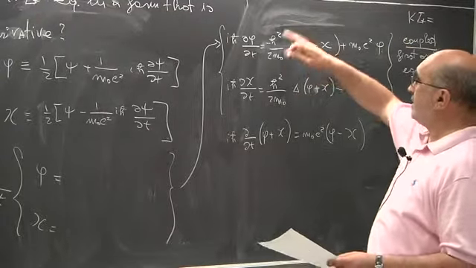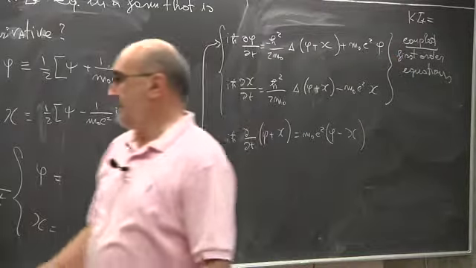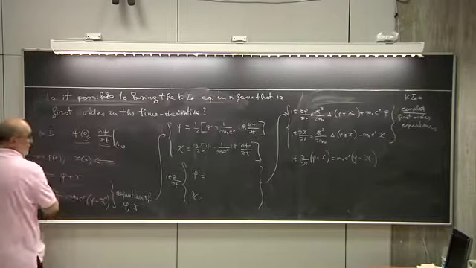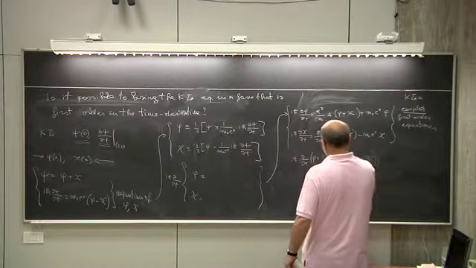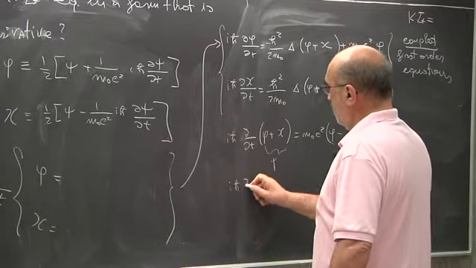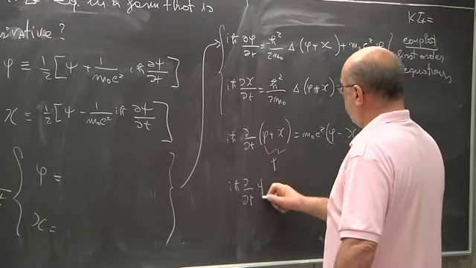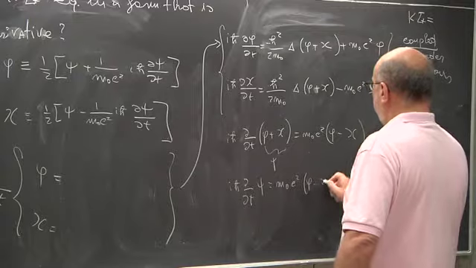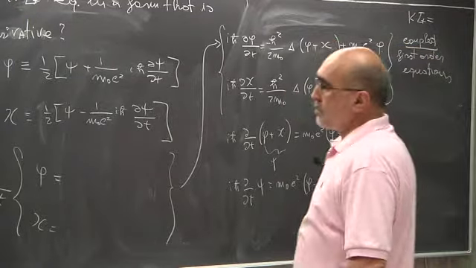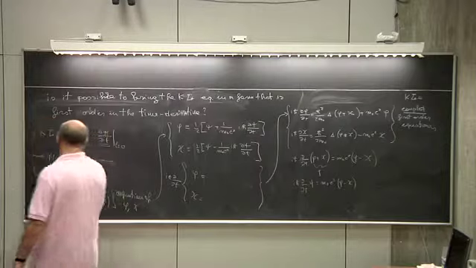You see, adding the two, we got back this. And this was the definition, because if you remember, this object is psi, so we got i h bar d psi/dt equals m0 c square times phi minus chi. So adding the two, we got one of the two definitions.